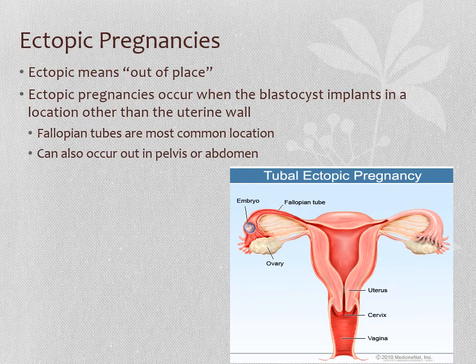If the problem was with the fimbriae and getting the oocyte into the fallopian tube in the first place, they can occasionally occur out in the pelvis or the abdomen. For example, the oocyte gets released from the ovary over here, and if there isn't enough suction to pull it into the fallopian tube, then you could get an ectopic pregnancy somewhere out in the pelvis.